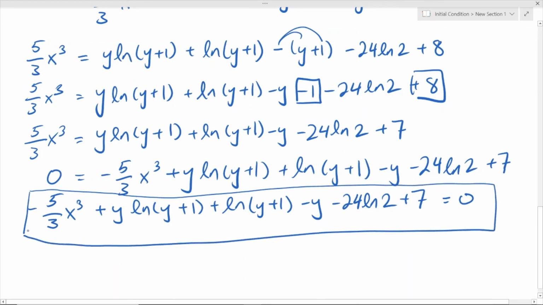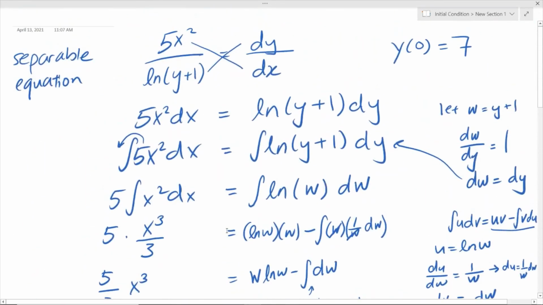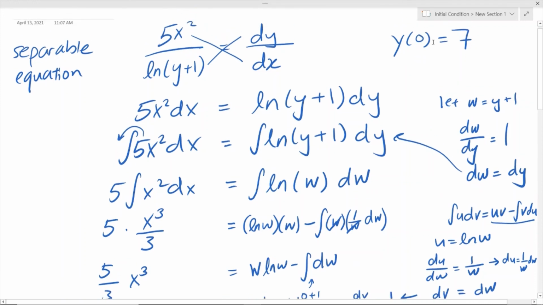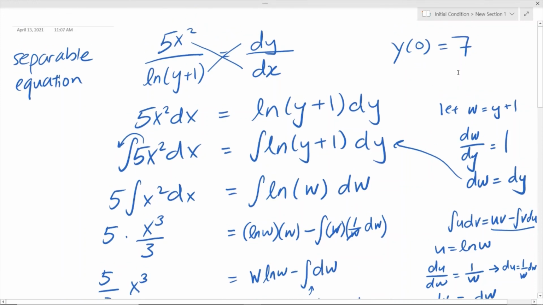So whenever you are asked to satisfy an initial condition, like find a solution for this to satisfy this initial condition, the first step you have to take is solving the differential equation. And in this case, it's a separable equation, so that's why we use the method for doing that, putting all the y's on one side, all the x's on one side, right? And then this is the initial condition, so we have to plug in our variables for the initial condition, which is the x and the y, right?